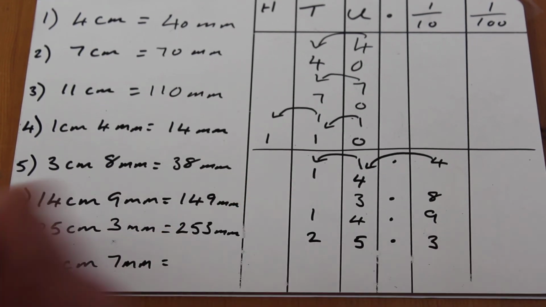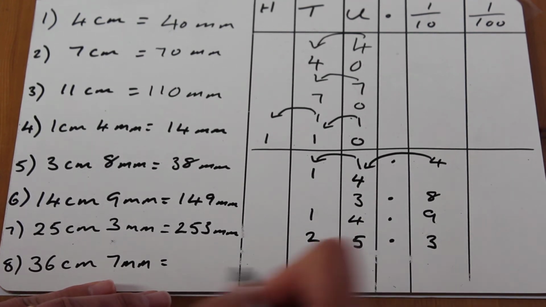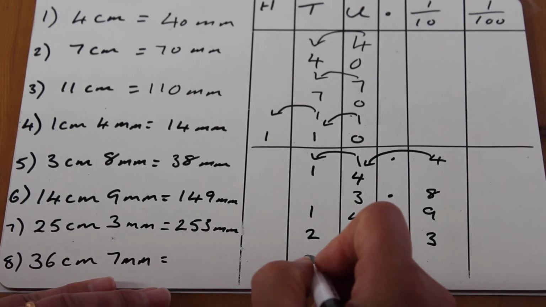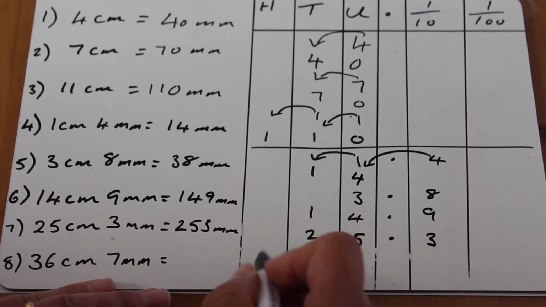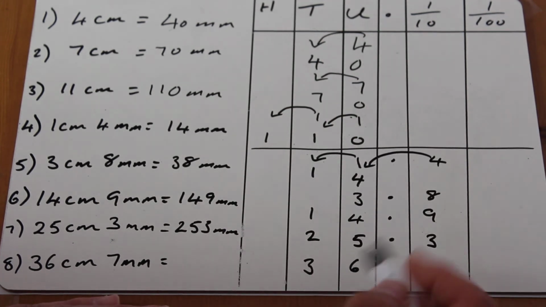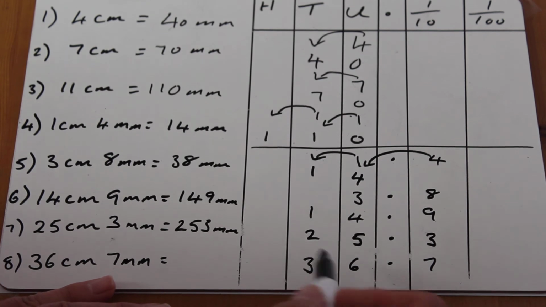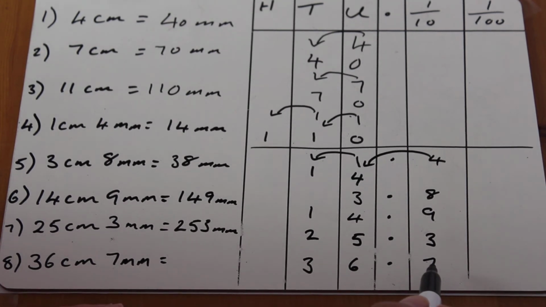And then the very last one, 36 centimetres and 7 millimetres. So 3 in the tens column, 6 in the units column, and then my 7 in the tenths column. So that gives me 36.7.